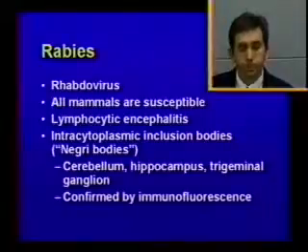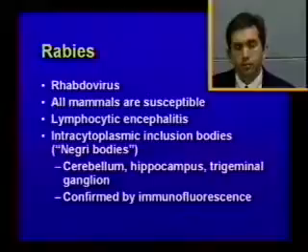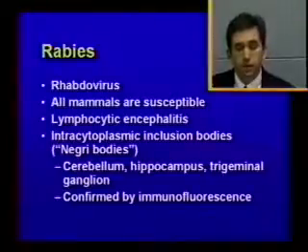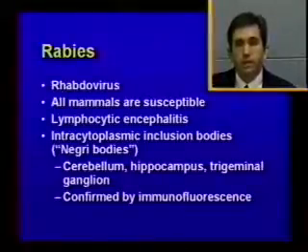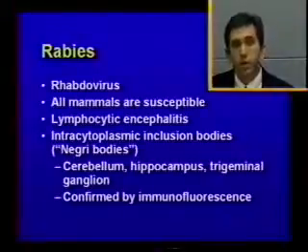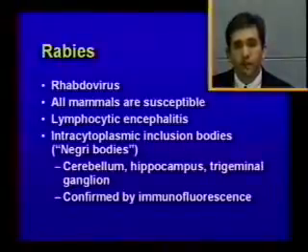threat. Rabies is a rhabdovirus. All mammals are susceptible to this virus, and so the ones that show the disease are usually the ones that, because of their behavior, are exposed to it. It causes a lymphocytic encephalitis, and these animals will show either a stupor condition where they'd be depressed and lethargic, or they can be very excited where they are aggressive and attacking.